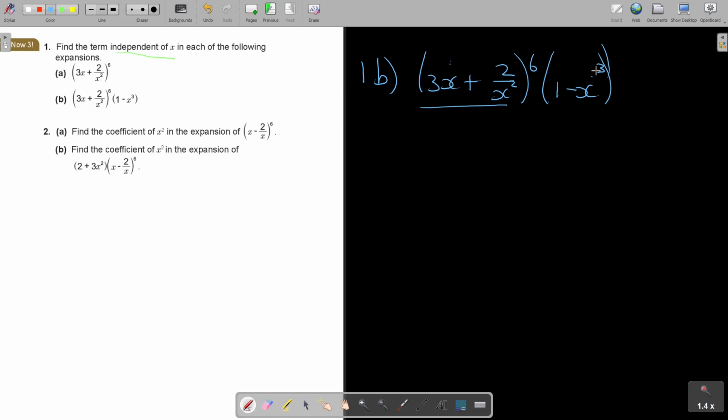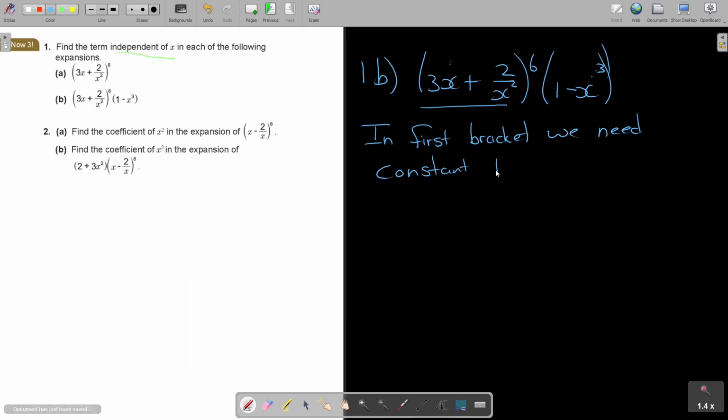So in the first bracket we need the constant term and x to the power of negative 3, so that it can cancel with that x^3, so that negative 3 plus 3 will be 0.